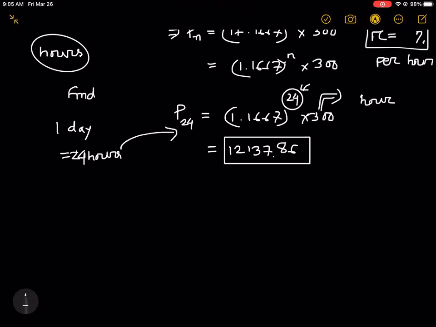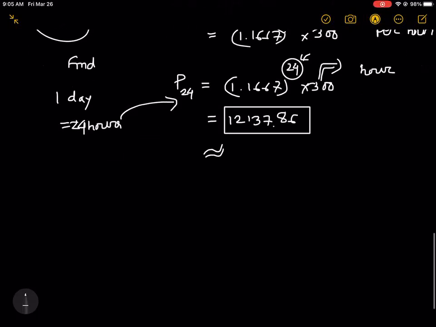Okay, as the question says, if this trend continues, so after day one, we'll have 12,137. Or if we round it to the nearest whole number, it should be 12,138.